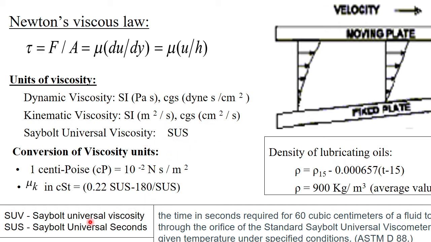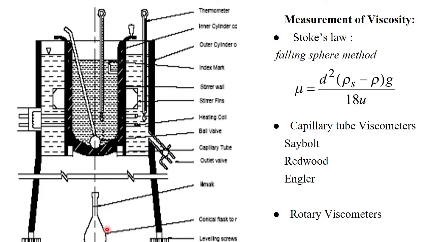whatever you say. Okay, this helps us in measurement. Although there are various other measurements also, you can measure it directly from Stokes' law. The derivation of Stokes' law also you did in your fluid mechanics course, and you did this experiment as well, this falling sphere method. Okay.